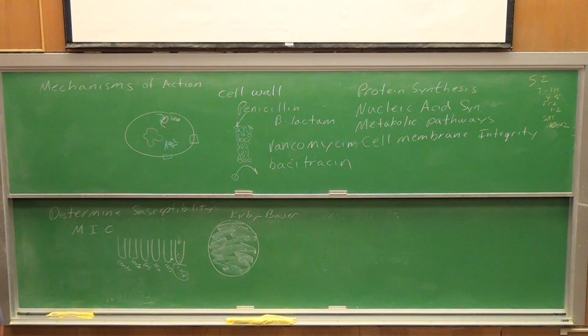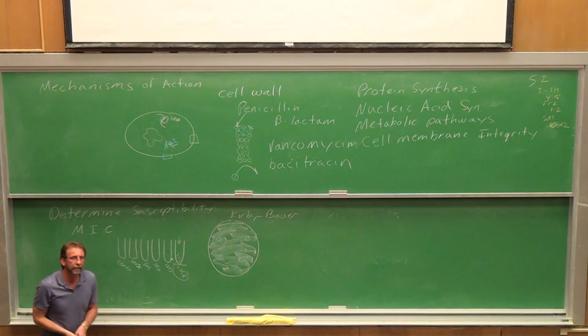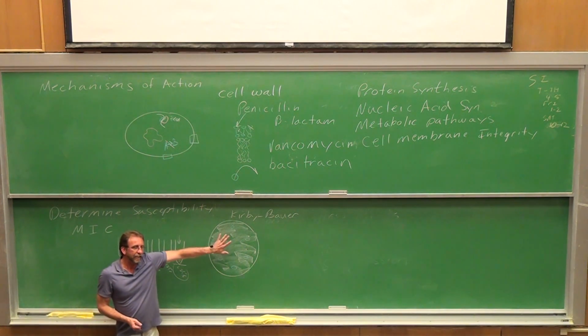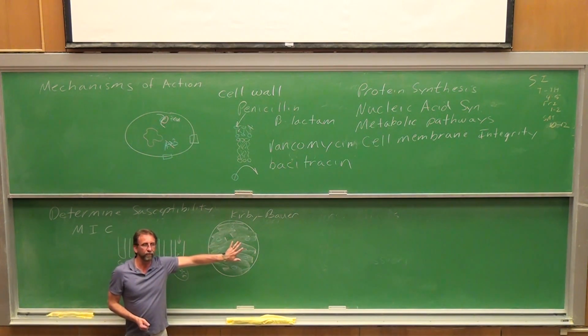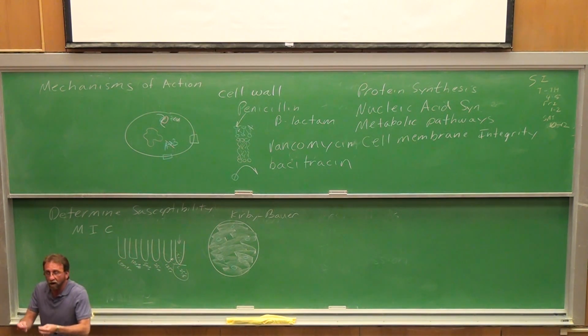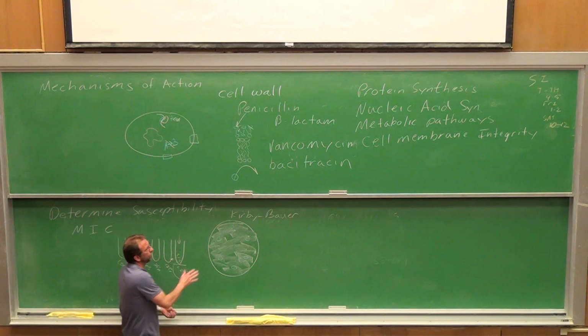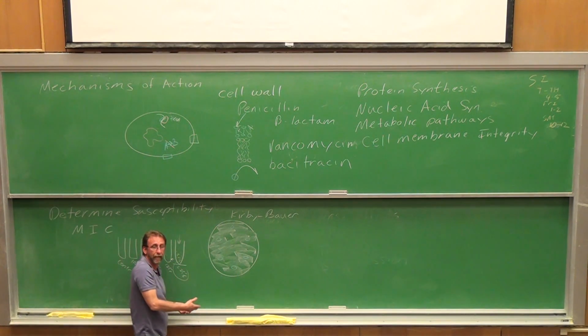You could do the same thing with an antimicrobial, and then we looked for zones of inhibition around those discs. In this case here, we're doing a qualitative assessment. We're not really quantifying how much chemical is needed to kill. We're just determining which of these kills best.